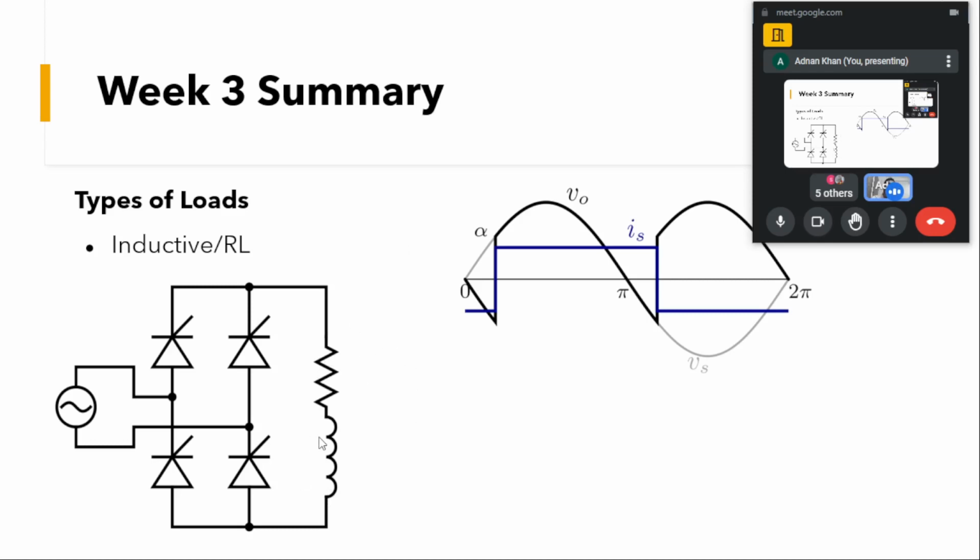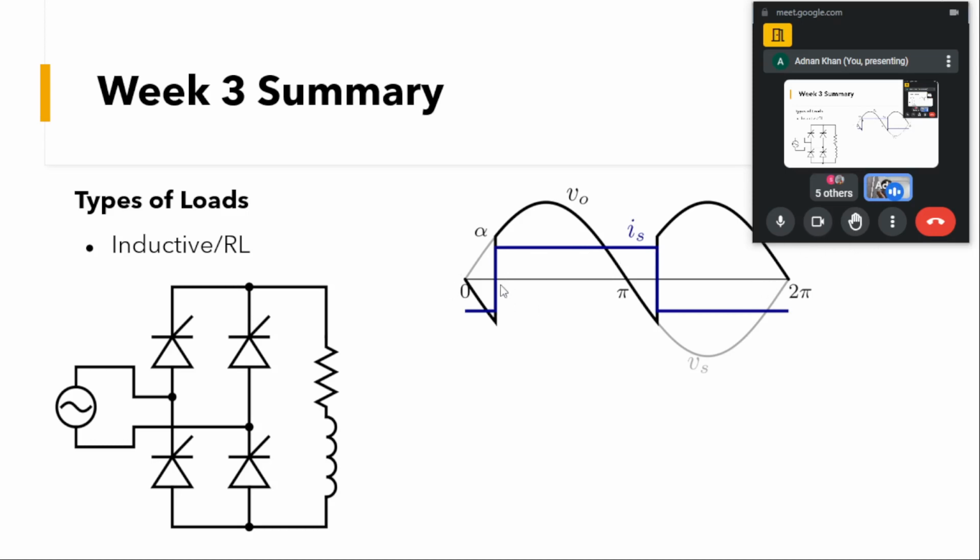For the sake of argument, we can say that L is very high, and due to that we can assume the load current is constant. For that, the source current will be a square wave, and the DC output current will be a straight line with the same value as the peak of Is.